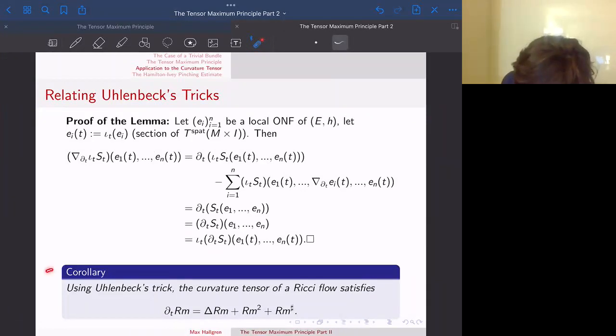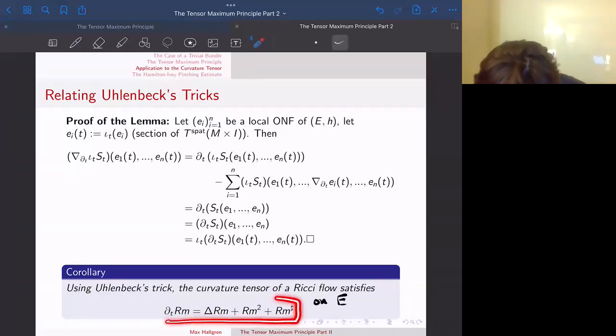Okay, so the important corollary of this fact that I stated is that we had this formula for the evolution of the curvature tensor under Ricci flow with respect to Uhlenbeck's connection. And so what that translates to is now if we consider these, where now these are all going to be tensors on our fixed vector bundle E, and this is just the usual time derivative.